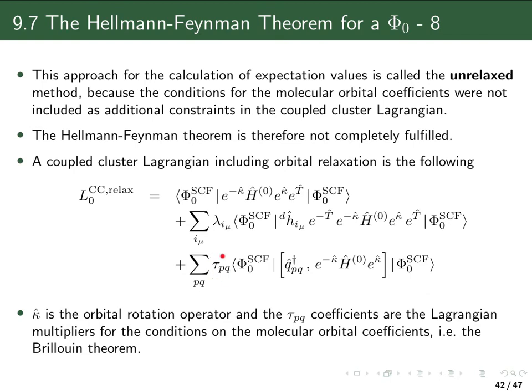And we get a new set of Lagrange multipliers, which make sure that this relaxed coupled cluster Lagrangian will also be stationary with respect to the molecular orbital coefficients. And for this Lagrangian, the Hellmann-Feynman theorem will then be exactly fulfilled for all the wave function parameters.